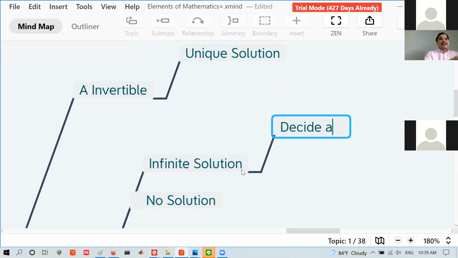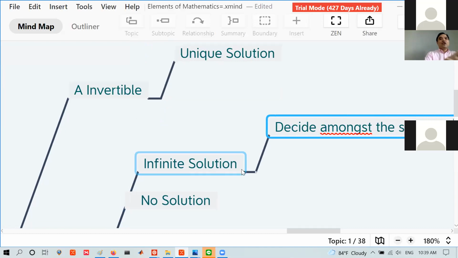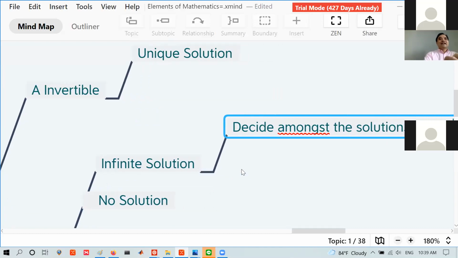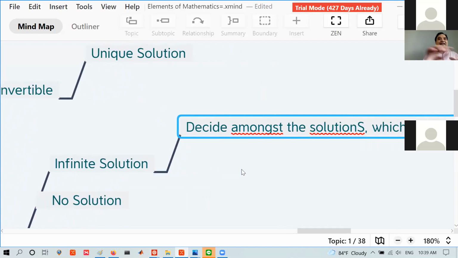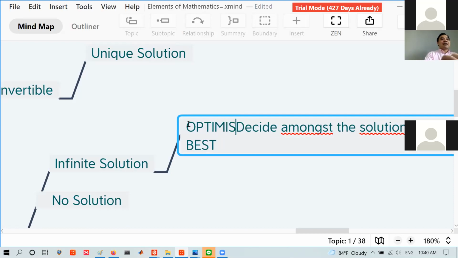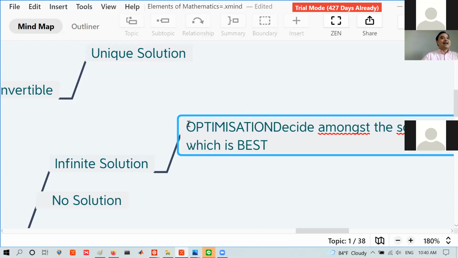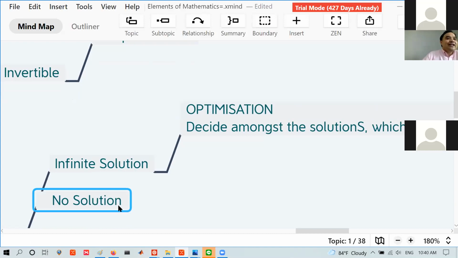Decide amongst the solutions which is best. That's called optimization.